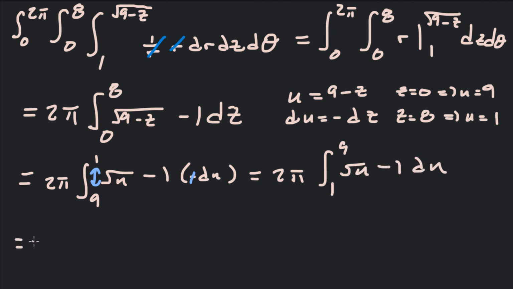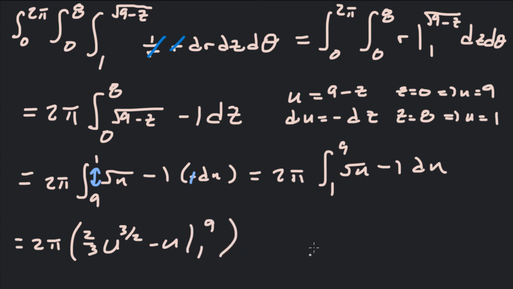This is going to be 2π, 2/3 u to the 3/2 minus u from 1 to 9. That's just going to be 2π times 2/3 times, see, 9 to the 3/2 is 27. 1 to the 3/2 is 1.